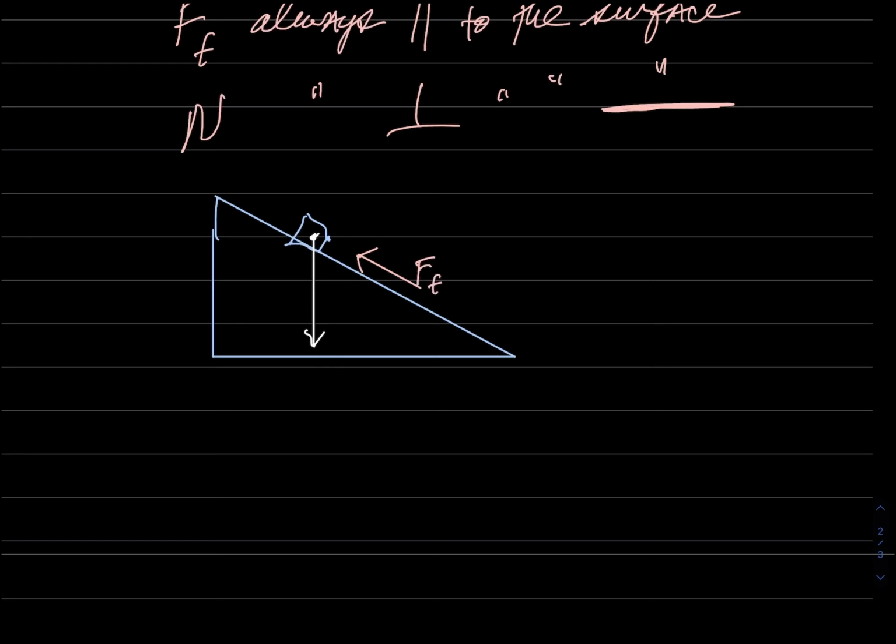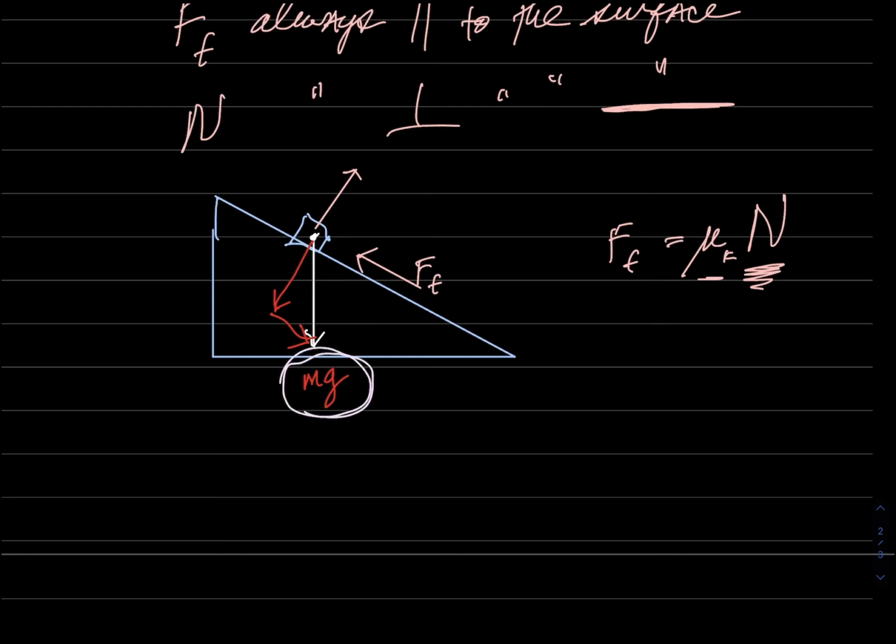But the friction force is proportional to the normal force. And the normal force is the force that is perpendicular to the surface of this angled wedge. But we know how to figure that. The mg that gravity is pulling on the mass with comes in two components. It comes in a component perpendicular to the surface and a component parallel to the surface.